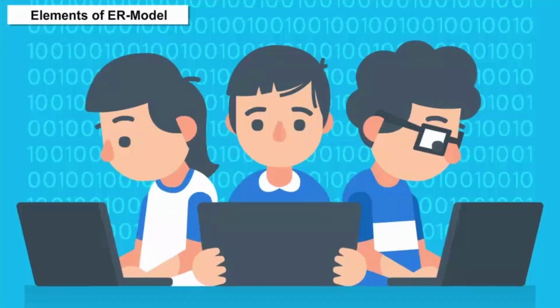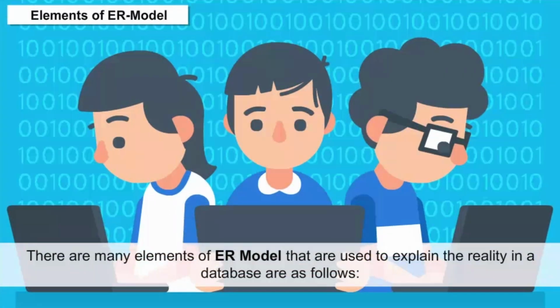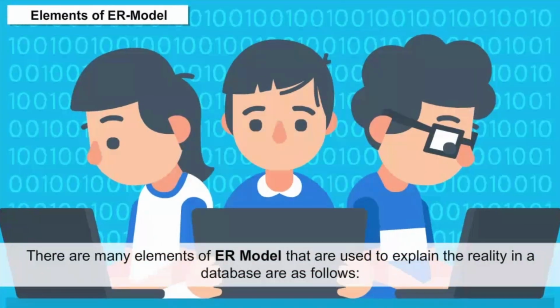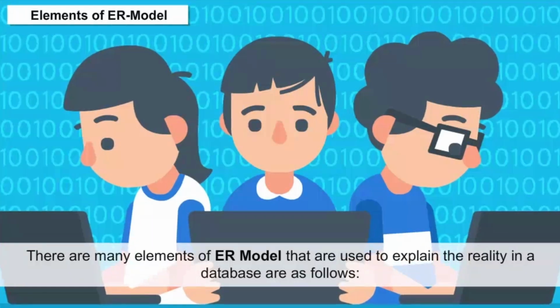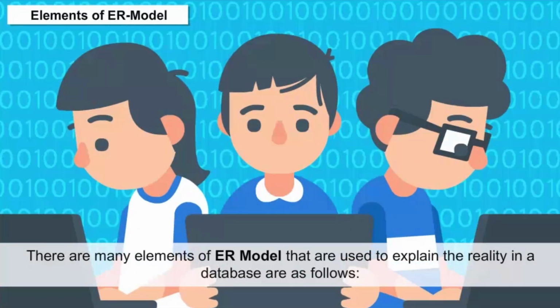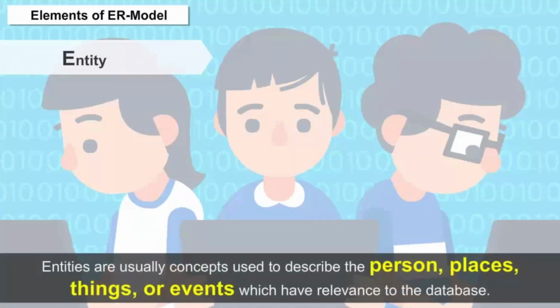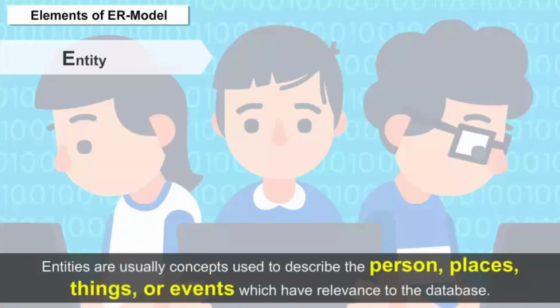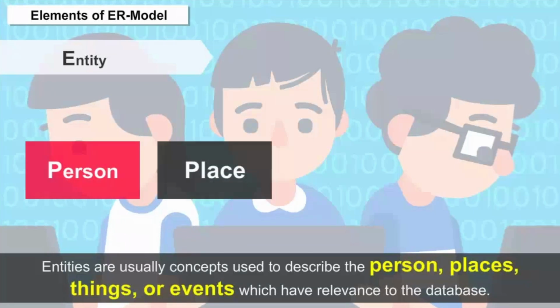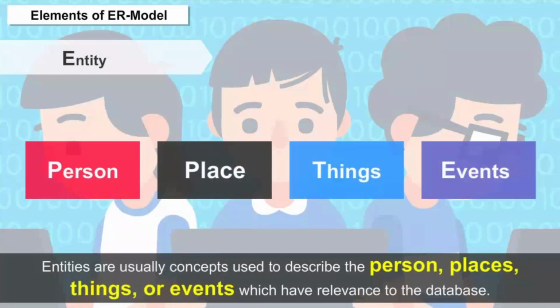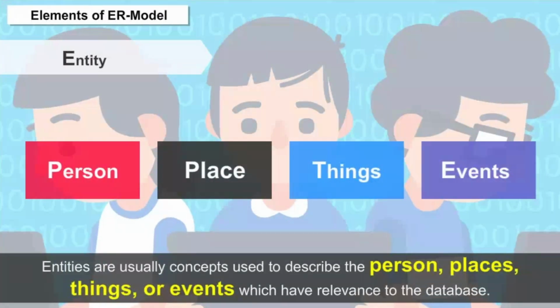Elements of ER model. There are many elements of the ER model that are used to explain the reality in a database, as follows. Entity. Entities are usually concepts used to describe the persons, places, things or events which have relevance to the database.